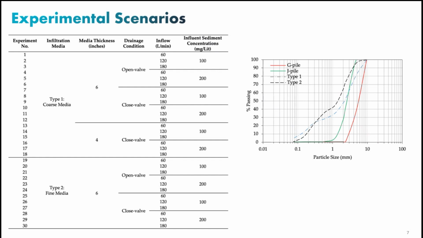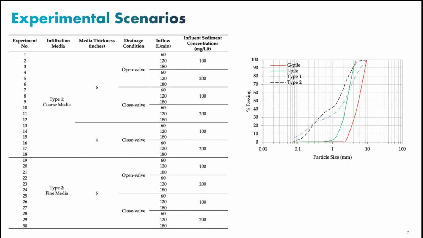Then we look at two different thicknesses for the filter media, 6 inches and 4 inches. In practice, the minimum size is about 12 inches for infiltration. But we didn't have that opportunity because of the limitation of the height of our flume. We just look at two different scenarios, 4 and 6, to see how that would change the efficiency of the system.